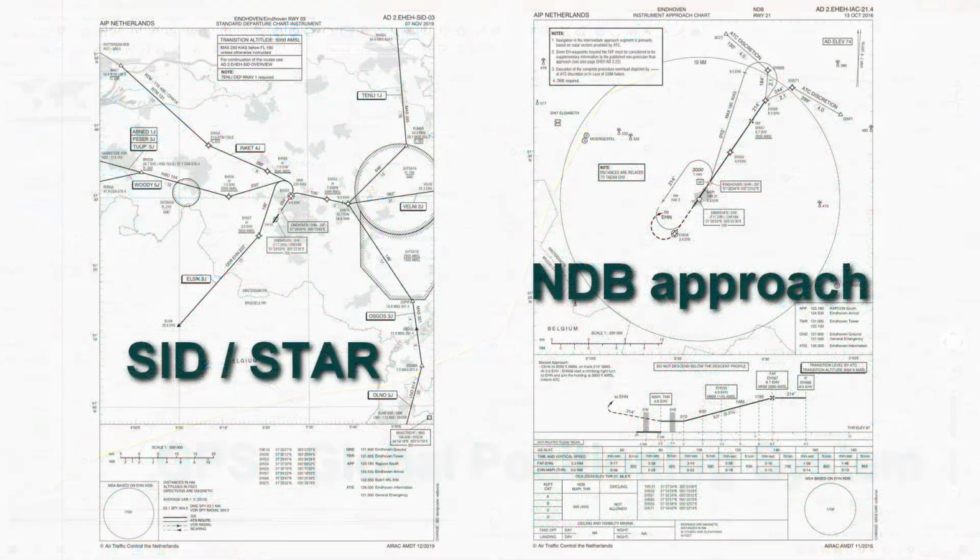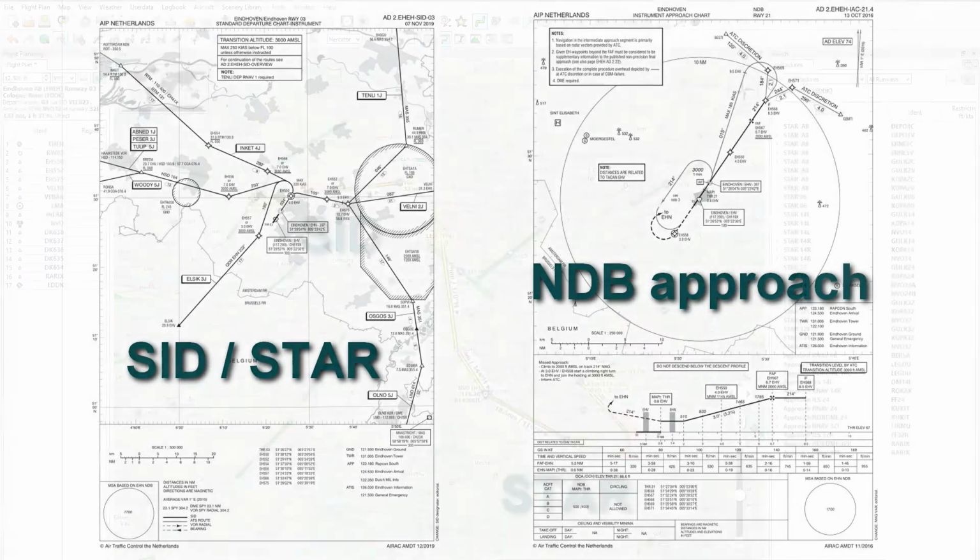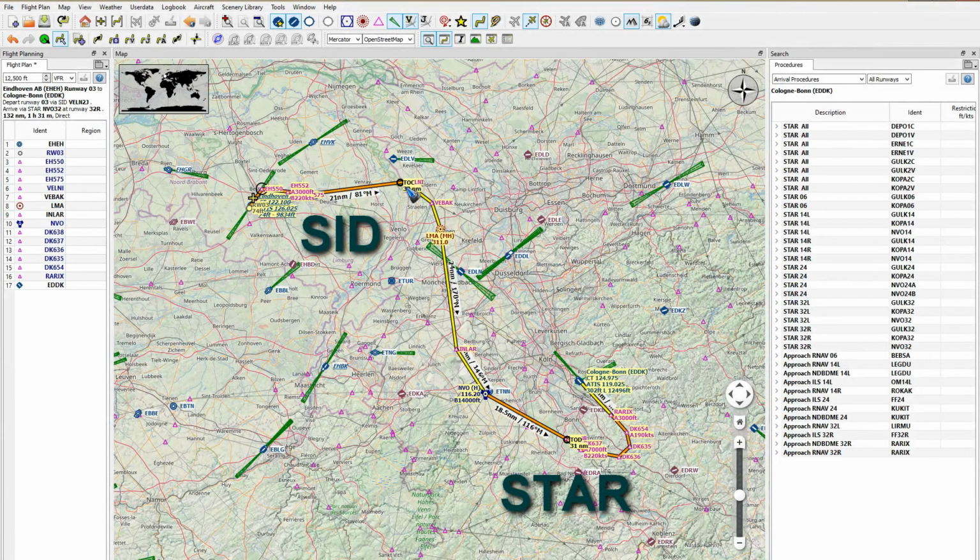Alright, that's it. Then we arrive at or depart from an airfield, and there are standard instrument departure procedures and arrival procedures, or there are approaches using an NDB or a VOR. Those can also be included in the flight plan, at least with Little Navmap they can.